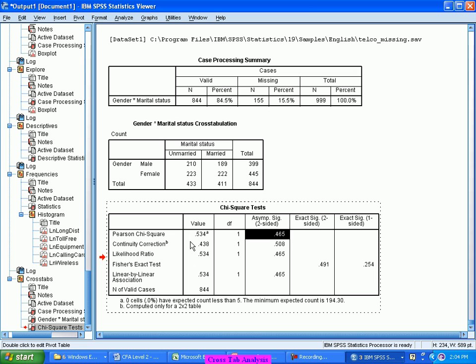If it is less than 0.05, it means it is beyond the 95% level, which is in the rejection zone. If it is greater than 0.05, it means that it is within the 95% limit, because it's above the 5% limit.